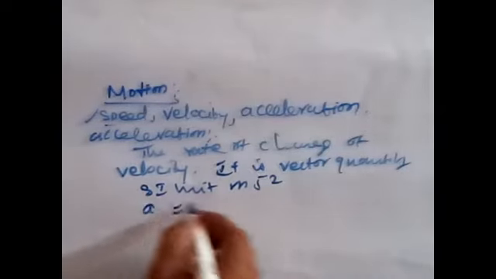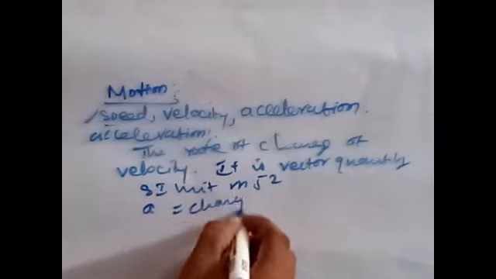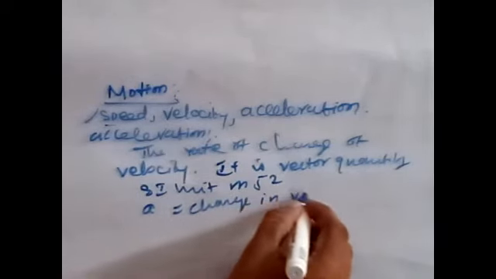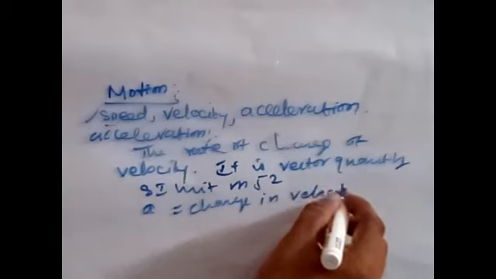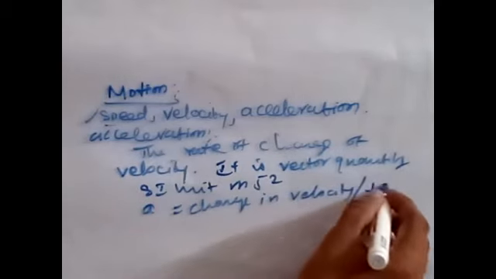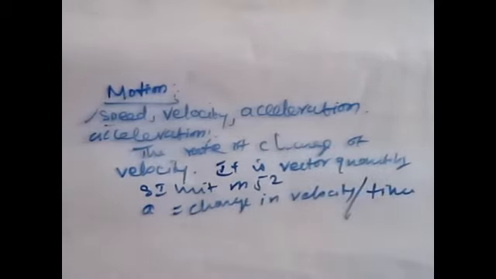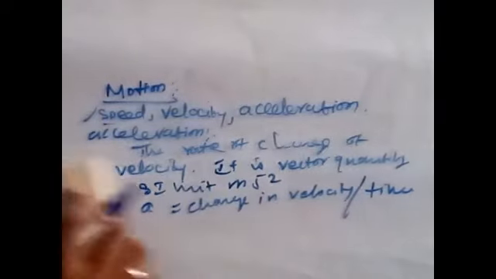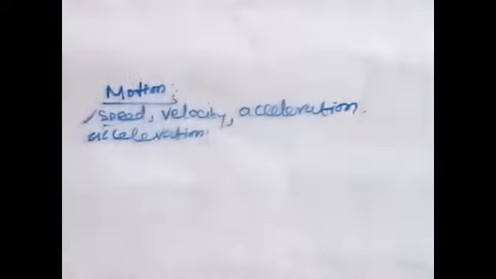So a is equal to change in velocity divided by time. Change in velocity means the initial velocity and the final velocity.